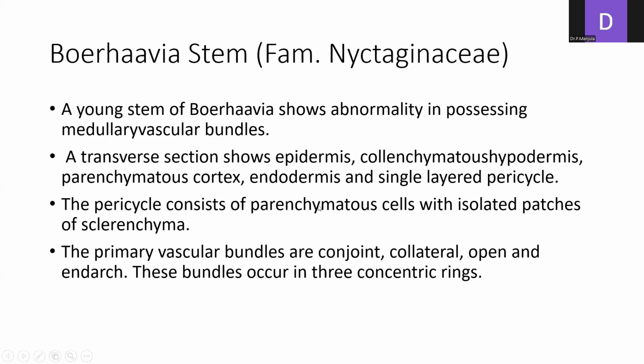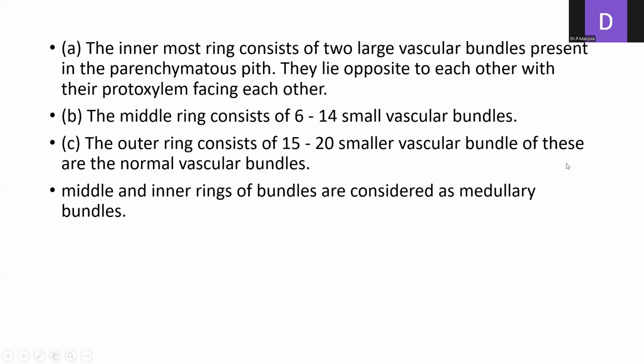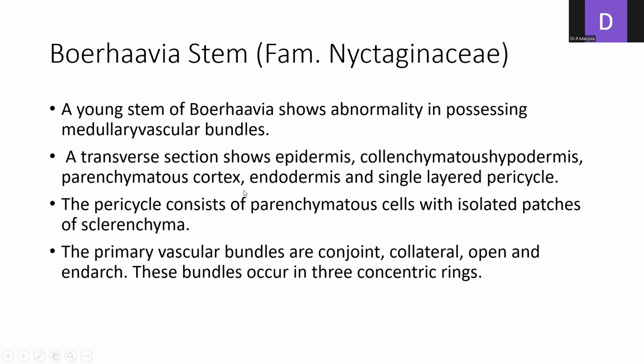The transverse section shows epidermis, parenchymatous hypodermis, parenchymatous cortex, endodermis, and a single-layered pericycle. This pericycle consists of parenchymatous cells with isolated patches of sclerenchyma. So here also it is similar to a dicot stem: outer epidermis, hypodermis, cortex, endodermis, and single-layered pericycle.